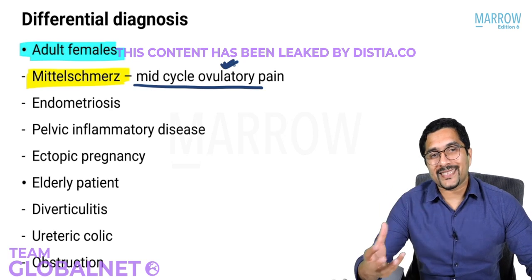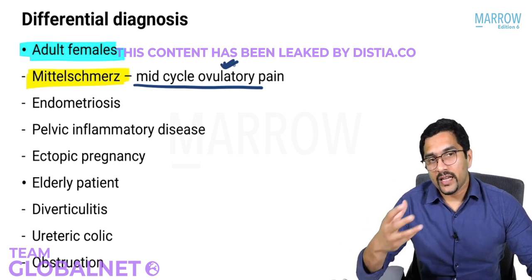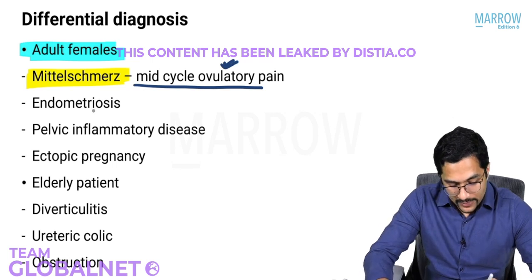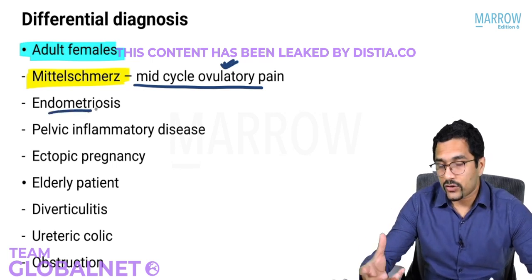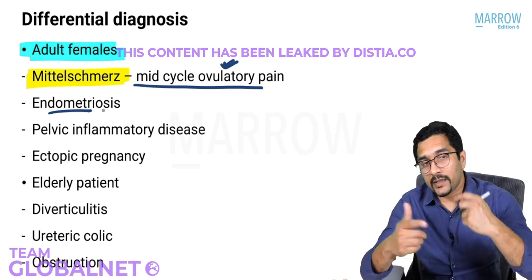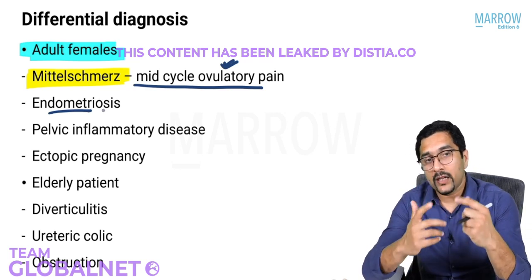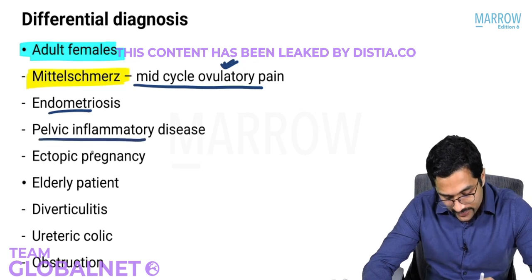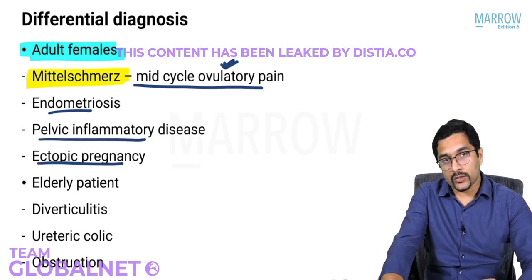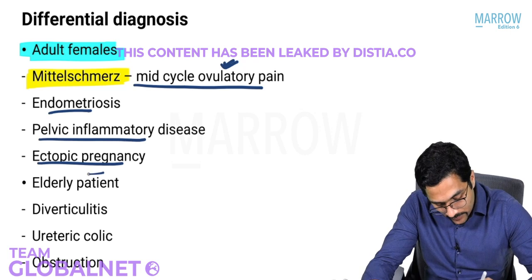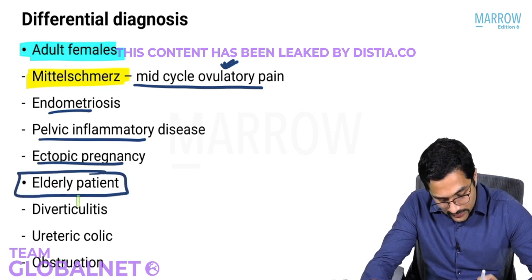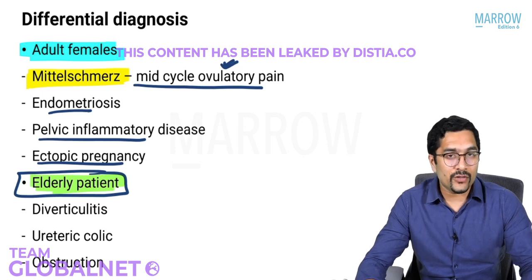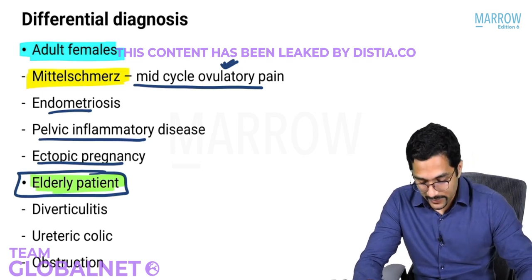So we should always take a menstrual history in a female who's coming with right iliac fossa pain. Endometriosis, again, menstrual history will help with that, and it'll be monthly or cyclical pain, so that history would also help you. Pelvic inflammatory disease and ectopic pregnancy also can be differential diagnoses. In elderly patients, you can have diverticulitis, ureteric colic, and obstruction as differential diagnoses for acute appendicitis.